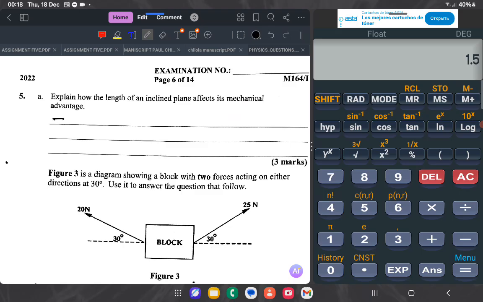So what do you have to say here? 3 marks. Okay, let's put it like this. When the length increases, that's 1 mark. Effort decreases.